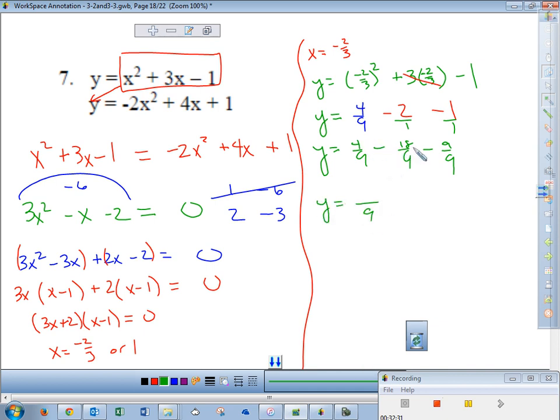Then 4 minus 18 minus 9. Four minus 18 is negative 14. Minus 9 more. Just add my numerators together. 4 minus 18, negative 14. Take away 9 more.